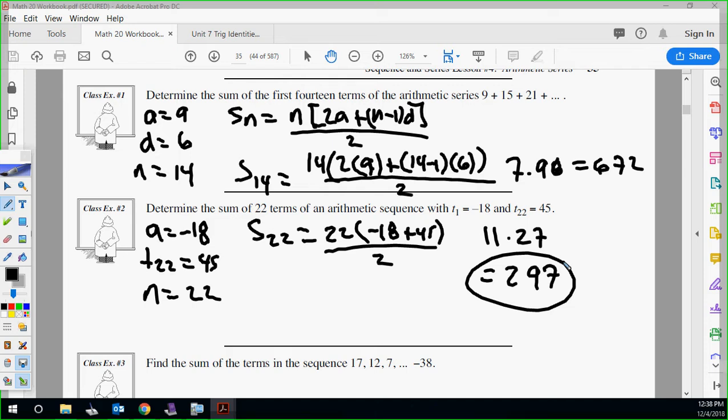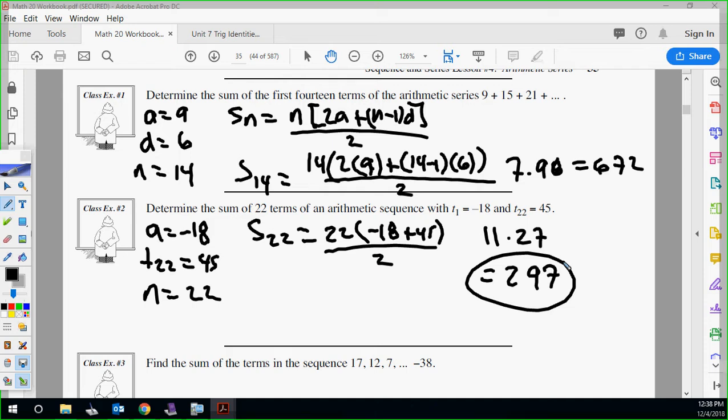Now remember, how can we find the common difference real quick? Do it like slope form, right? We can go 45 minus negative 18, over 22 minus 1, and divide. That'll tell you the common difference, because it's a constant. So that's how you can figure out d if you need it. We didn't need it; that's what this formula helps us with.